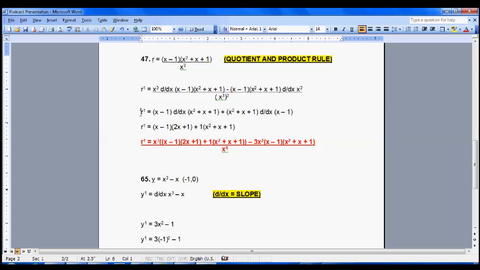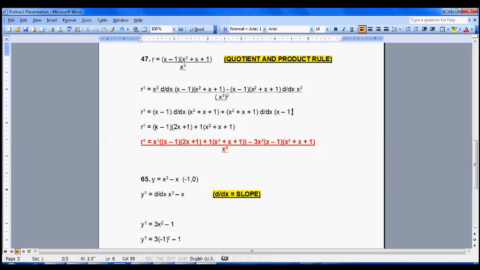So you would take the first function and multiply that by the derivative of the second function, and the second function multiplied by the derivative of the first function, and add those together. So x minus 1 times the derivative of x squared plus x plus 1, plus x squared plus x plus 1 times the derivative of x minus 1.